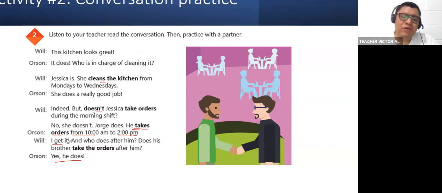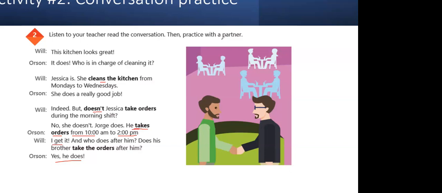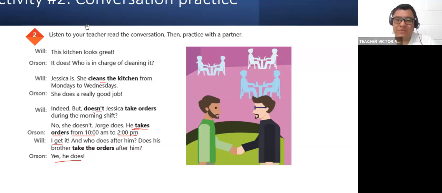How do you call when you use es or the letter s in some verbs? Third person in present tense. That's right. Perfect. That's correct.